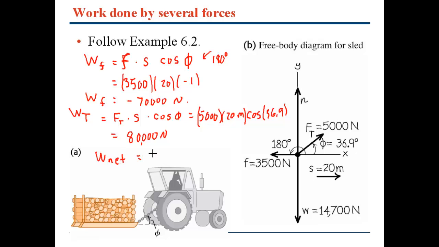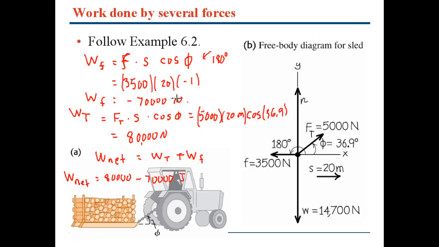It's going to be the work done by the tractor, and we're going to subtract, or well, actually we're going to add the work done by friction. That's in the negative direction. So the net work is going to be 80,000 joules minus 70,000 joules.